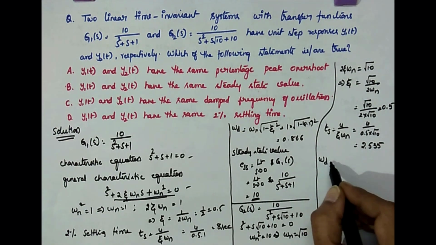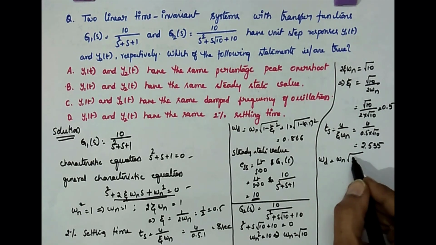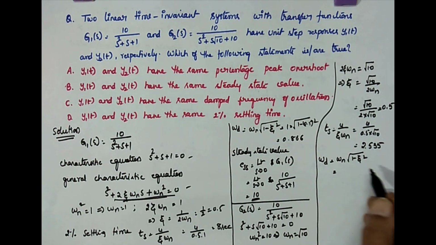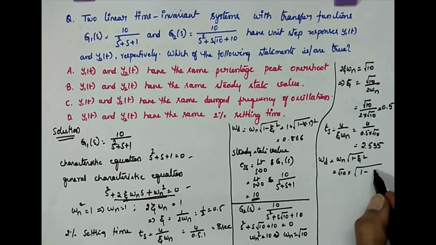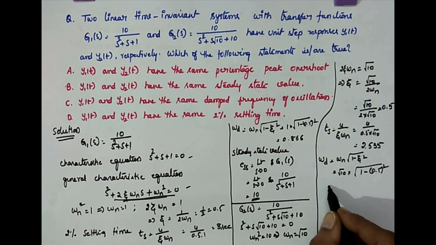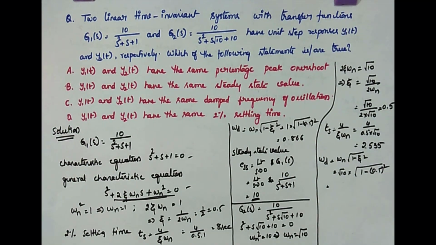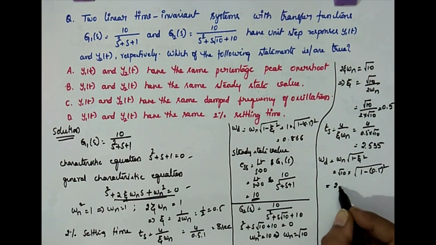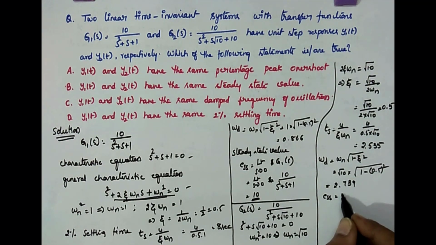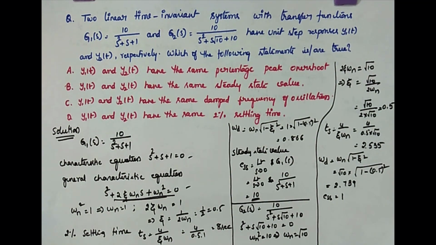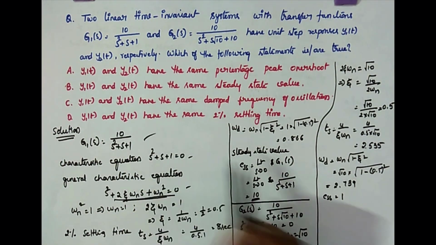Your damped frequency of oscillations ωd equals ωn √(1 − δ²). ωn is √10 into √(1 − 0.5²), that is 2.739. And the steady state value is 1.